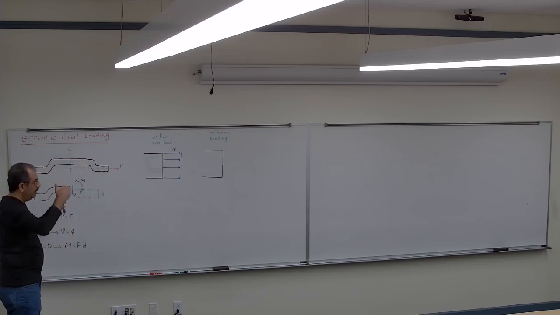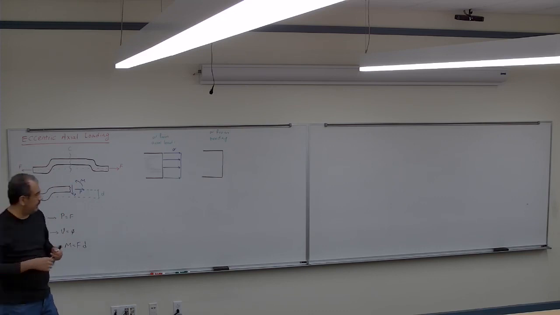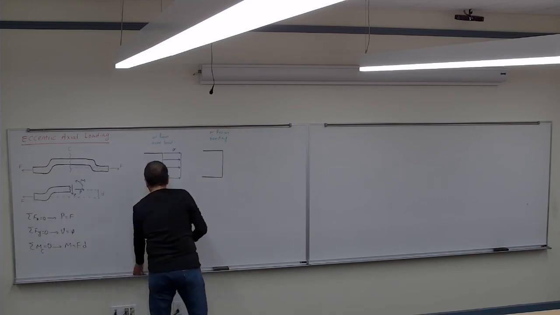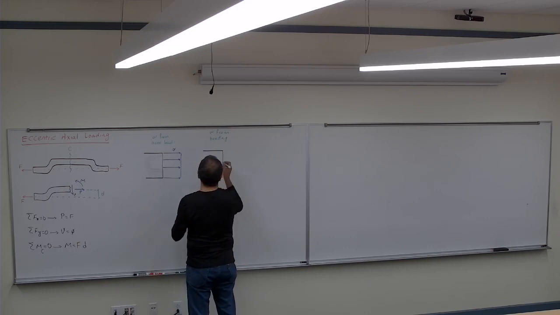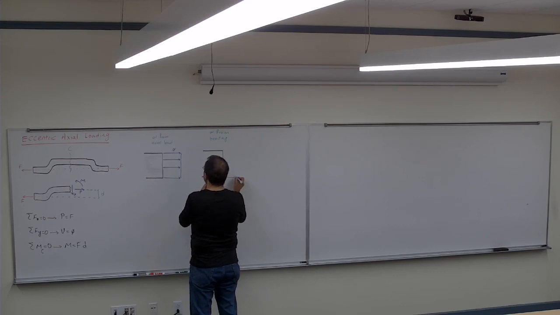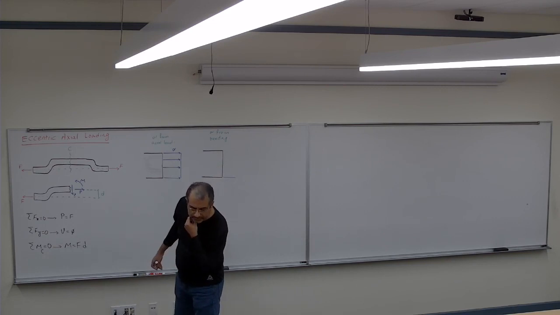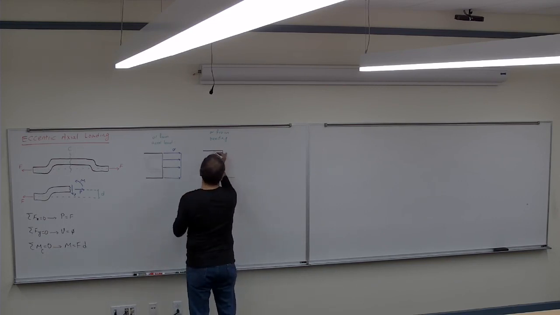So the top is compressive, the bottom is tension, and it goes through the centroid. So we have tension and compression: it's compressed there, goes to the centroid, and goes down.